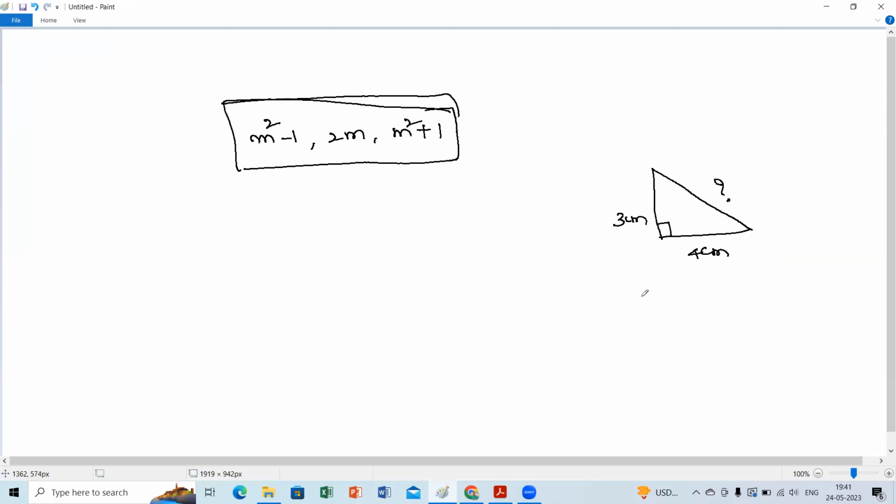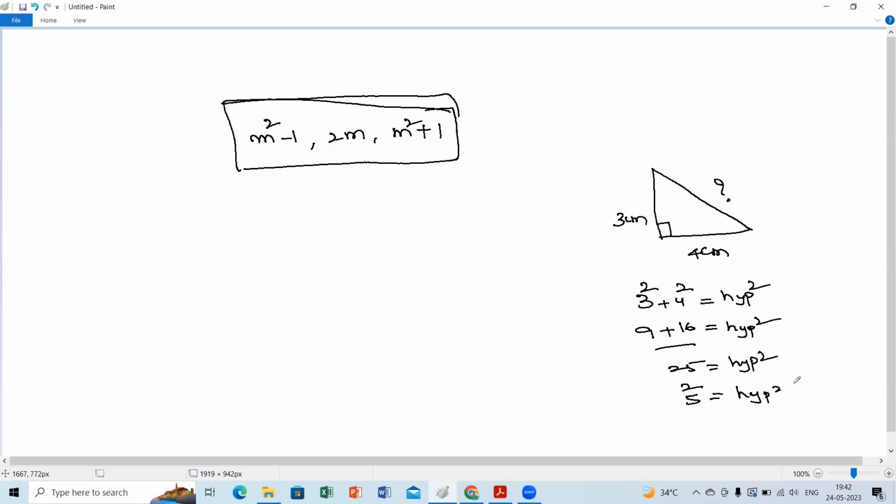We know that leg 1 square plus leg 2 square is equal to hypotenuse square, right? So 3 square is 9, 4 square, 4 into 4 is 16. Together 25 is hypotenuse square. 25 can be written as 5 square. So the square gets cancelled. Hypotenuse is 5 centimeters.